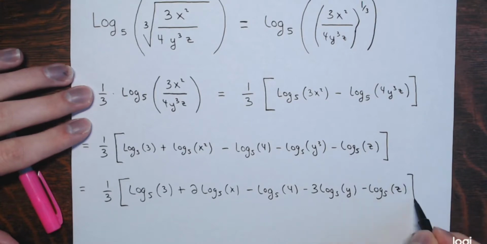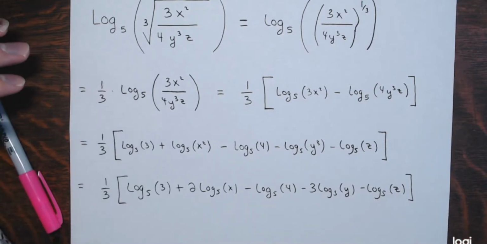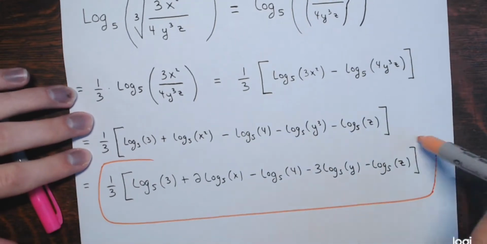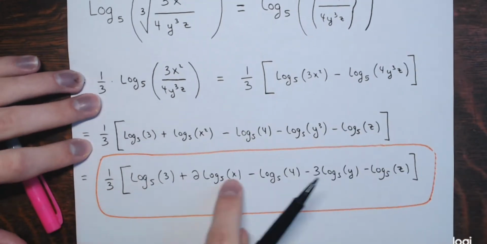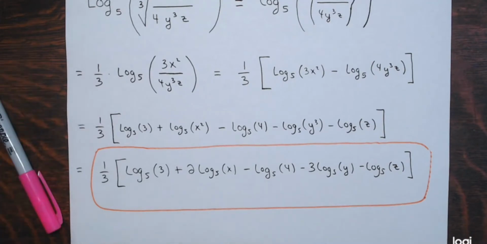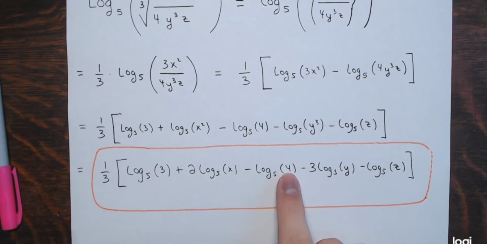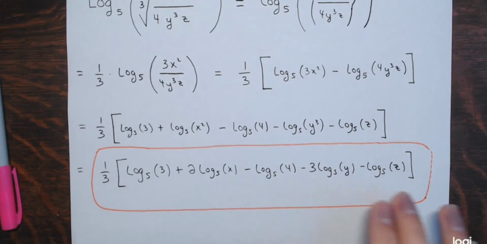All right, and this is the way I'll enter it this time. Instead of, you can distribute the 1/3. You can put the 1/3 on all these terms, but I'm just going to leave it this way. Yeah, you could call 4 2 squared and use the power rule again if you want, but I'm not gonna. For all these arguments, I can't use the power rule, quotient rule, product property anymore.